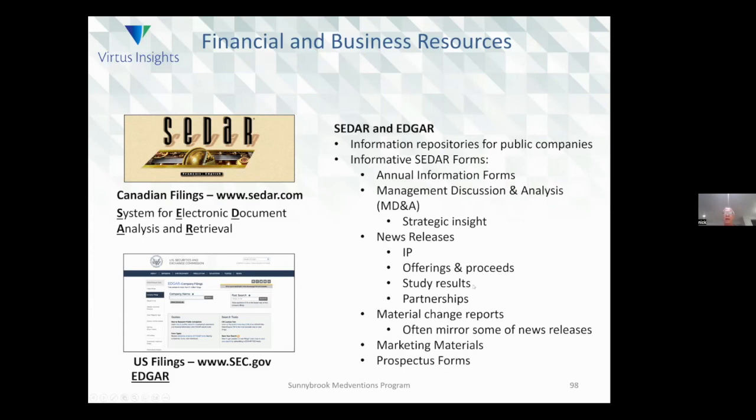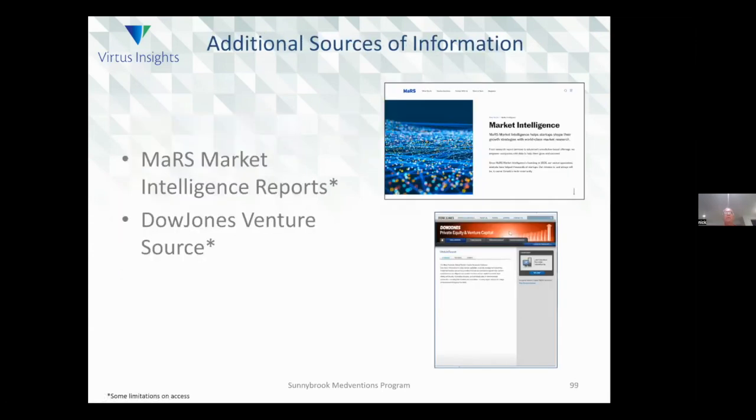There could be study results and partnerships and many more. These are very powerful search engines that allow you at least to dig into a public company to gain some unique insights into how they operate, their products, and how their products are performing in the marketplace.